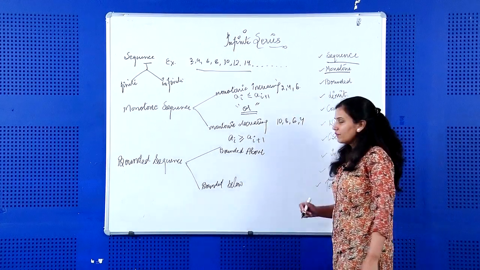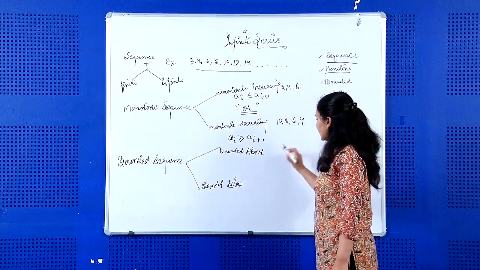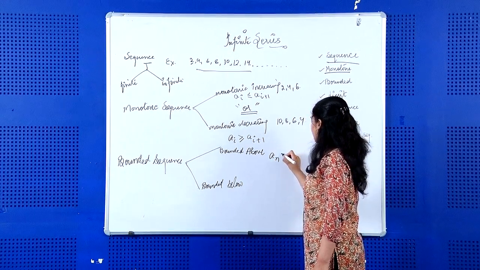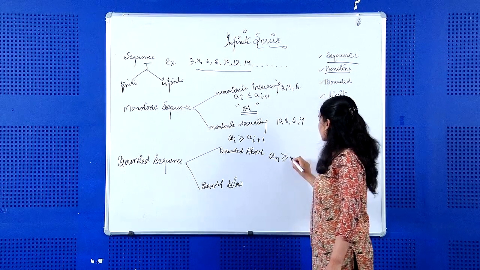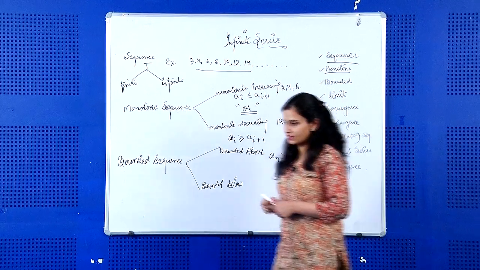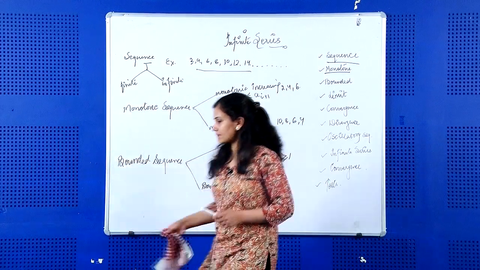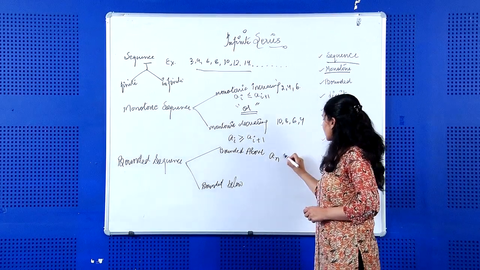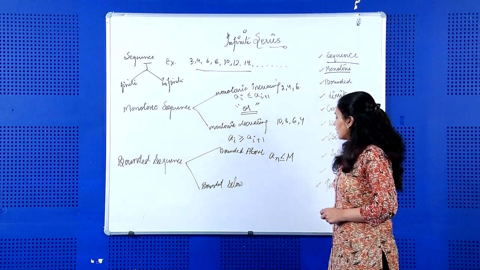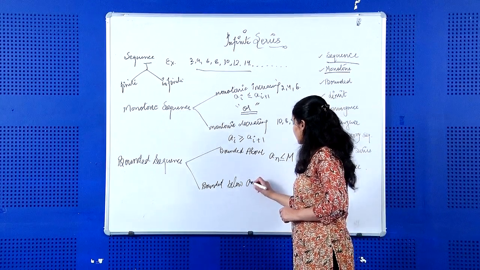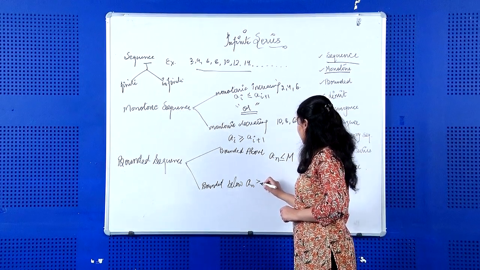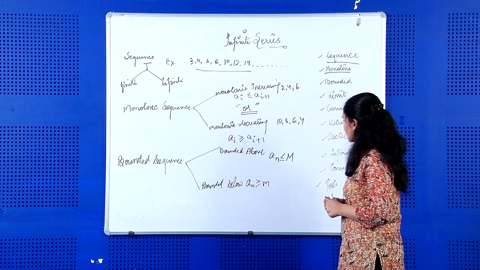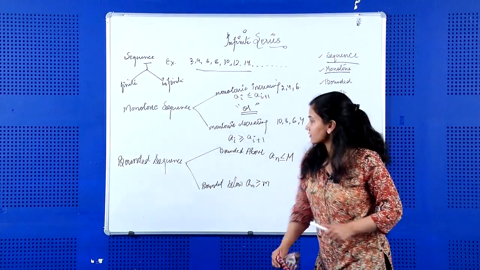For bounded above, we will have one real number capital M such that a_n is less than or equal to that capital M. And for bounded below, a_n has to be greater than or equal to a small m.